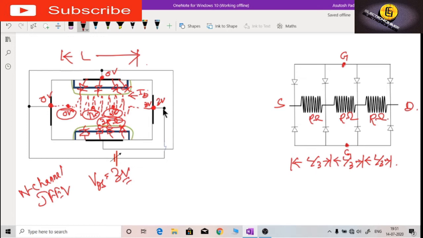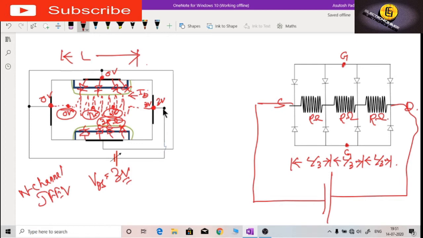Now the source terminal and drain terminal are connected by the VDS, which is a 3 volt supply. That means the drain terminal is at 3 volt, whereas the source terminal is at 0 volt. The gate terminal is also at 0 volt.